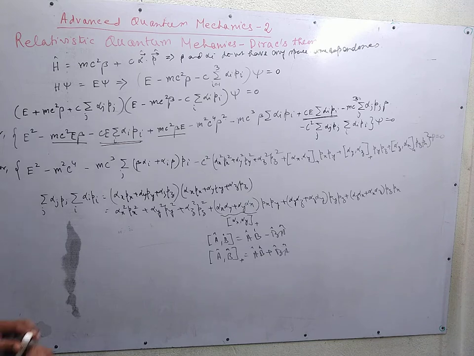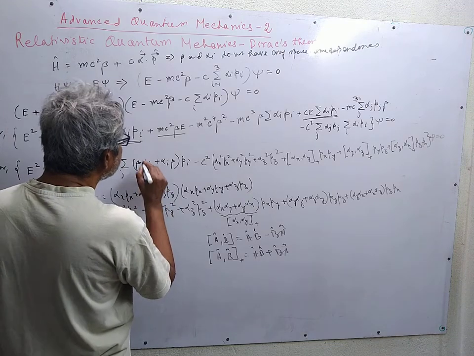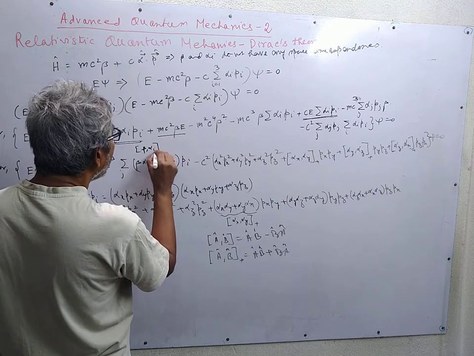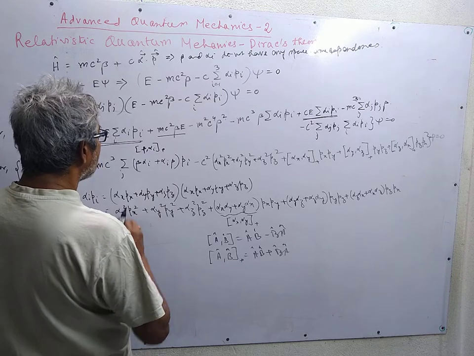If you use anti-commutator notation, then this can also be written as beta alpha i anti-commutator. So we change this term also.